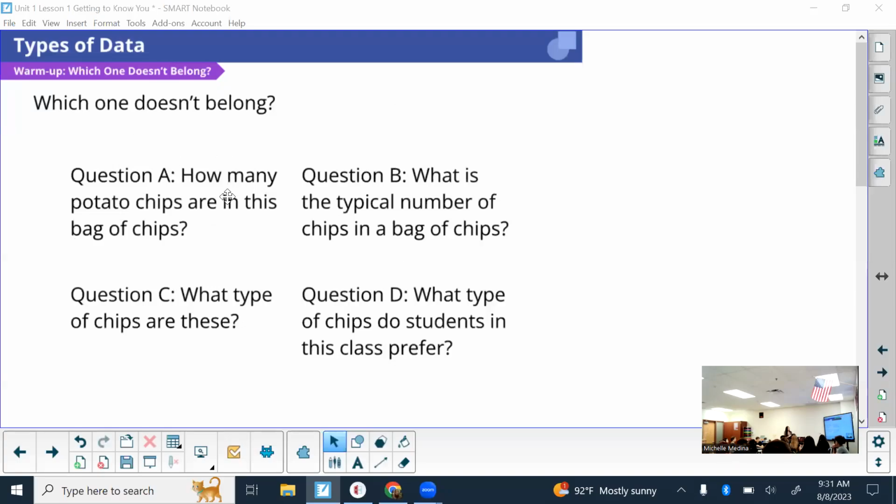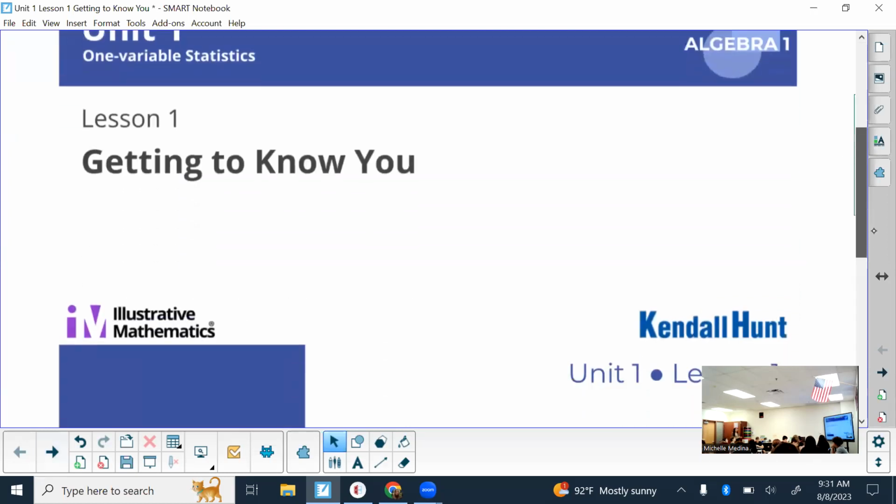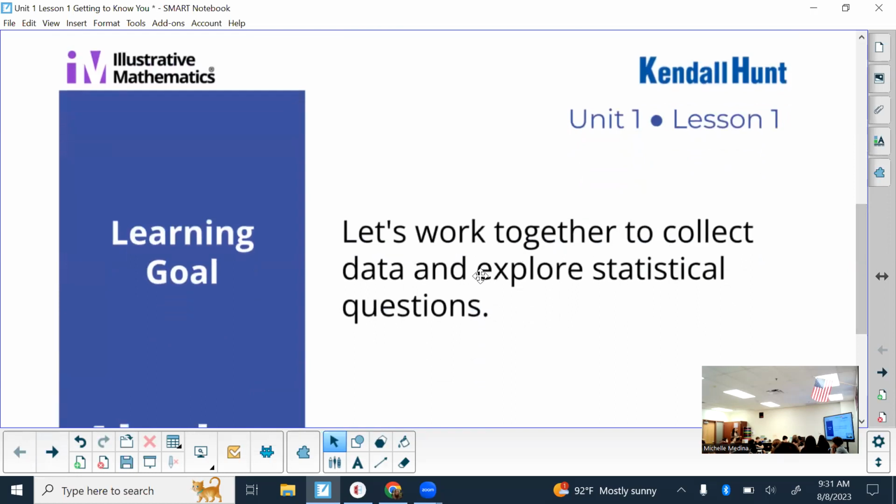Before we discuss your answers to this, let's remind ourselves of the goal. Yesterday, we only had a little bit of time to talk about how the slides are set up and the goal and everything. If you ever need a reminder of the goal, it is on the back whiteboard, but it's to work together to collect data and explore statistical questions.